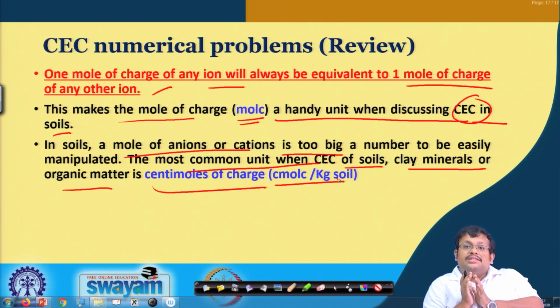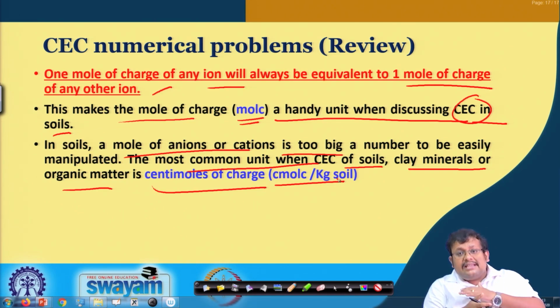Again, this molar charge concept is basically the charge of 1 mole of substance. So, in the case of 1 mole of calcium ions, the molar charge will be 2 because its valency is 2. Similarly, for a trivalent ion, the molar charge will be plus 3. Remember, 1 molar charge of any ion will be equivalent to 1 molar charge of any other ion, and that is why it produces a common baseline for calculation of CEC in soils.